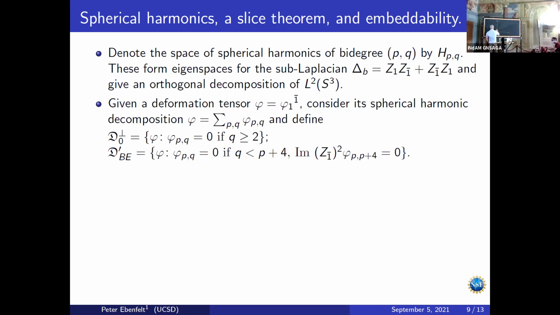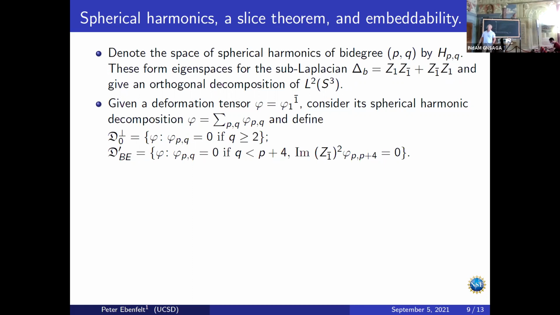Here you have Q equals 4. Here you have Q equals 1. And there are 2, including Q equals 1. This is D0 perp.